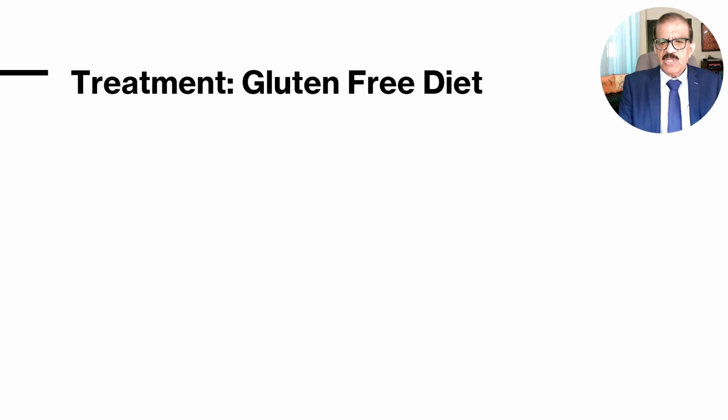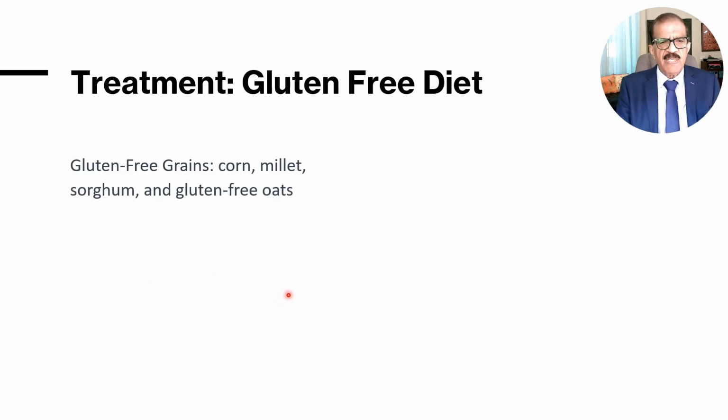Now this is the list of gluten-free diet. Since grains are our staple diet, the substitutes for wheat are corn, millet, sorghum, and gluten-free oats. These are grains. Then fresh fruits and vegetables.